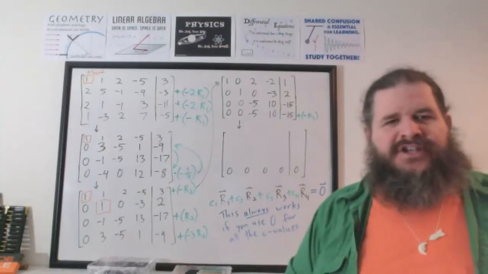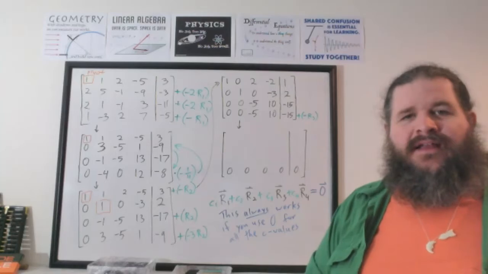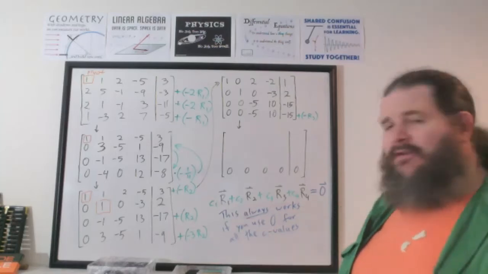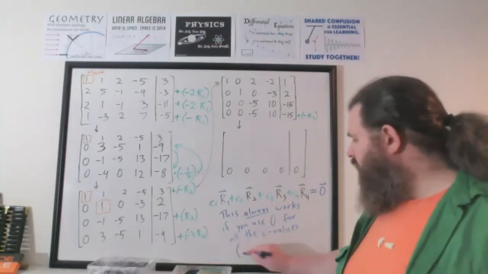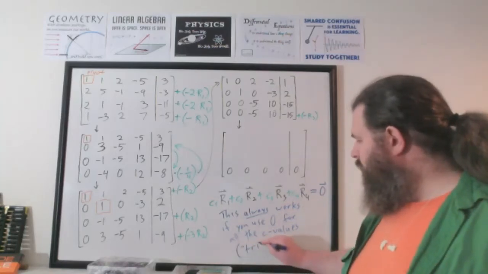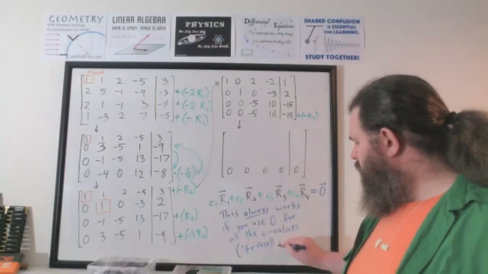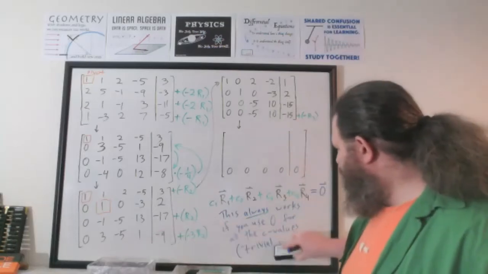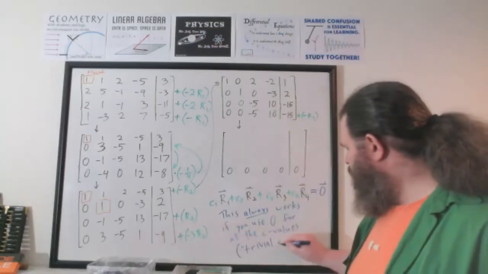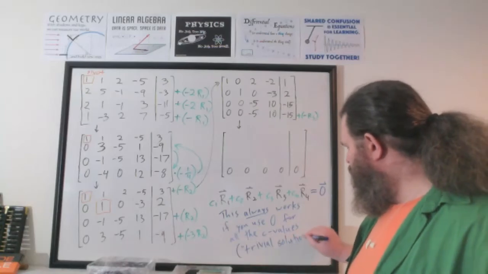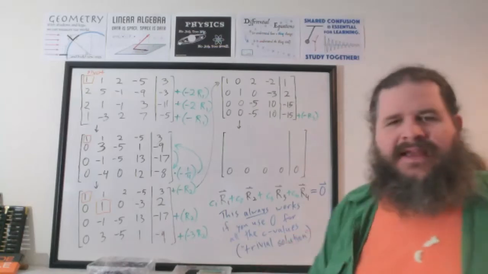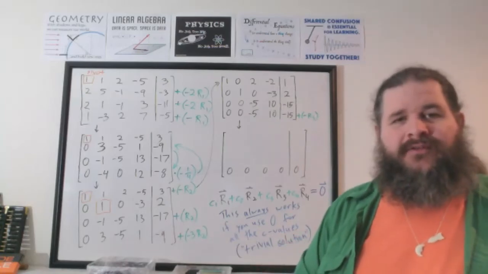But that's kind of sort of cheating. It's always true, so it doesn't really tell us anything useful about these particular vectors. So we typically call this the trivial solution. Trivial in the sense of, yeah, it's true, but that doesn't really give us much useful information.